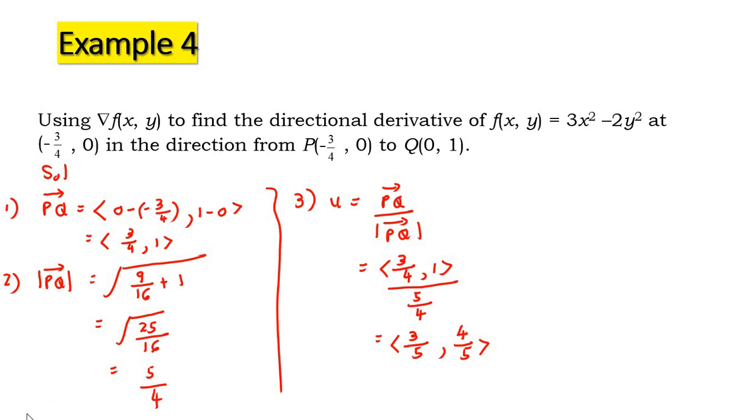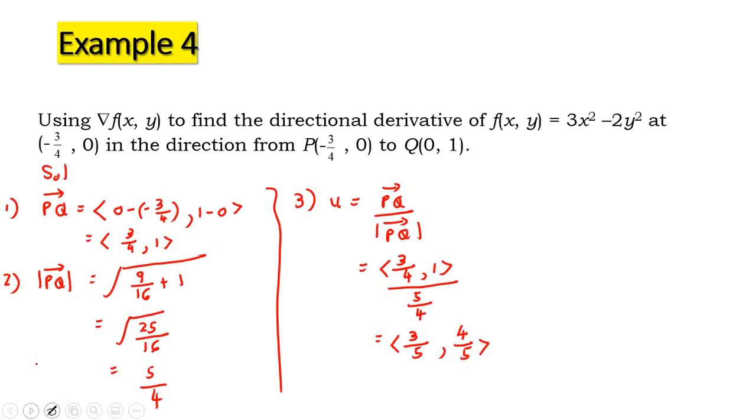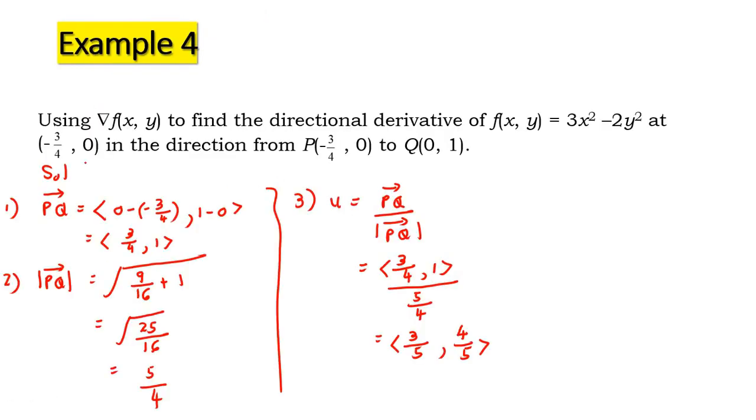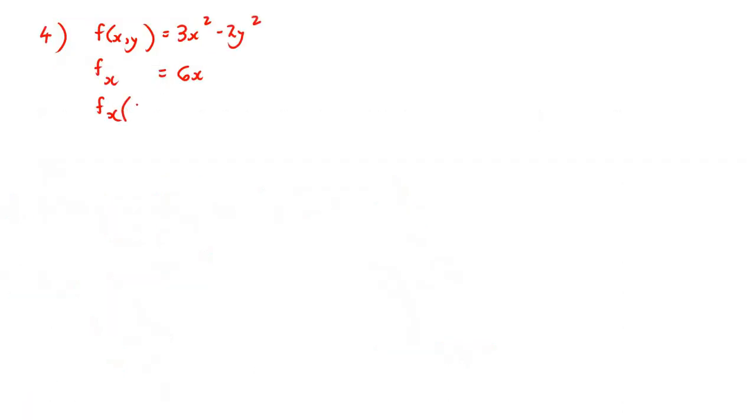Fourth step. We have f(x,y) equals 3x squared minus 2y squared. We find fx, so we have 6x. Then fx at the point (-3/4, 0): x is negative 3 over 4, y is 0.